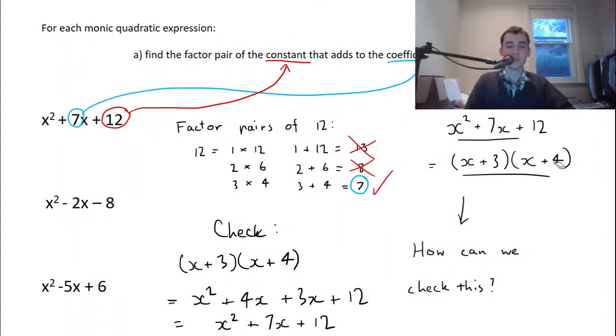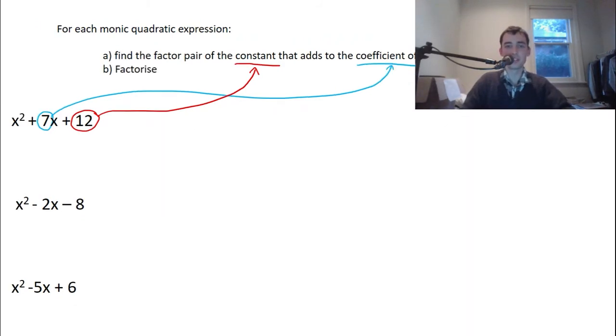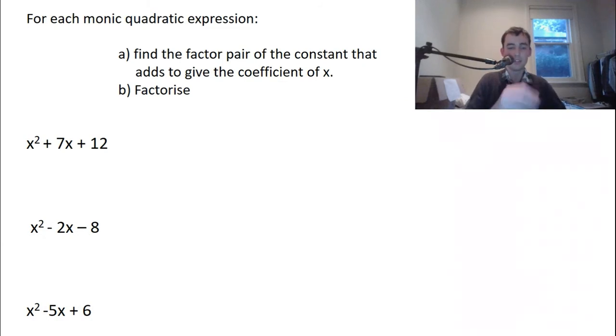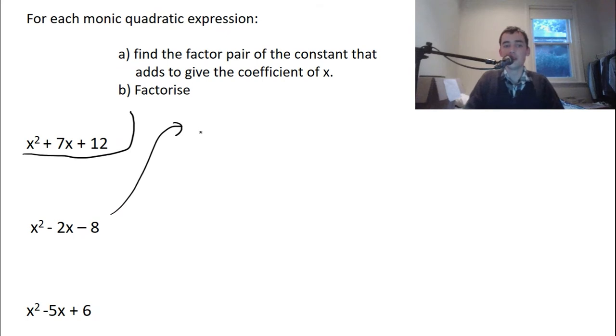Okay, let's do a couple more examples. And I might just go back to this previous slide and we'll do these two examples. Now this one's a little bit tricky because instead of positive numbers everywhere, you've got a negative number here, -8.